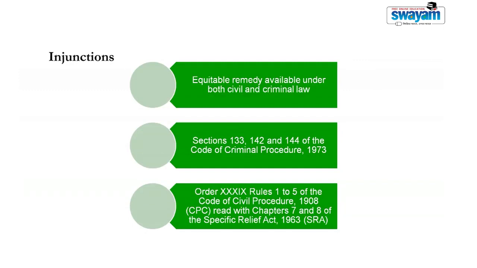So what does he do? He applies in the suit by way of an interim application and seeks what is called an interim injunction or a temporary injunction. So this is something granted during the pendency of the suit.